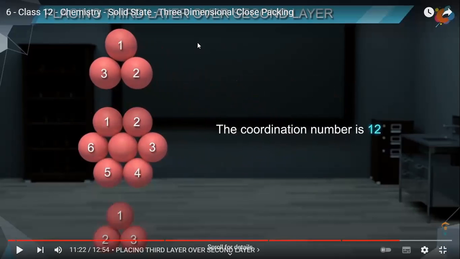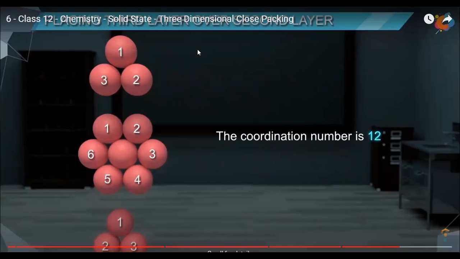Can you see the structure here? Can you compare this and this here? This one. So how you got the structure? HCP. Any doubts in this?